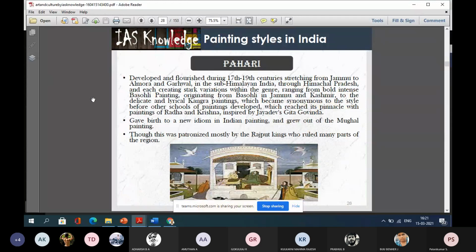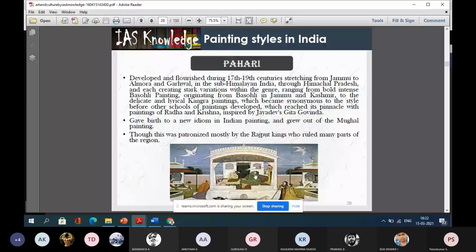Especially Pahari, which belongs to the Jammu and Kashmir area, from Jammu to Almora and Garhwal in sub-Himalayan India. They used this type of Pahari painting. This is a very important thing. It gave birth to a new idiom in Indian paintings and grew out of Mughal painting.